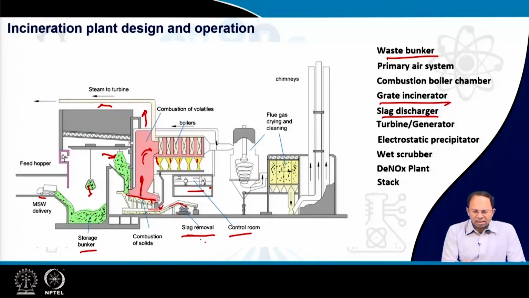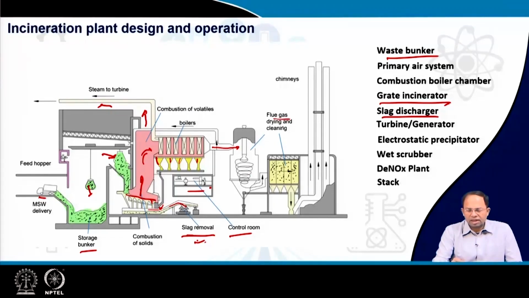This fly ash is relatively better, and we can utilize it in future as construction material for creating certain kinds of bricks and other things. Whereas the gas which goes out to the electrostatic precipitators has to be cleaned, and here the particle size is smaller.